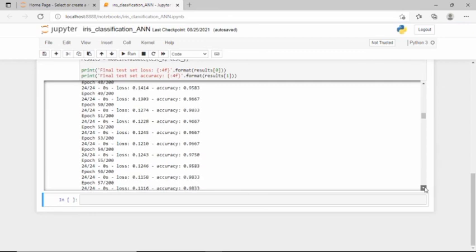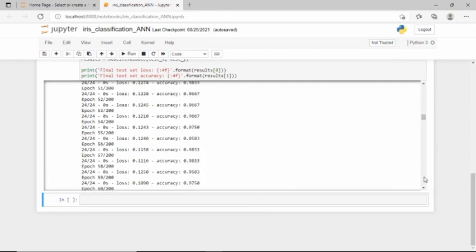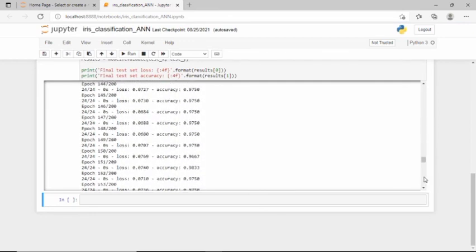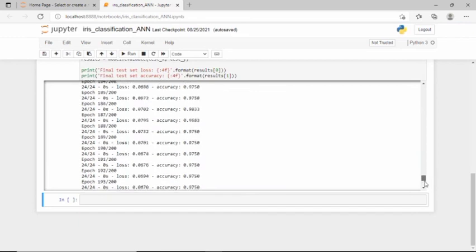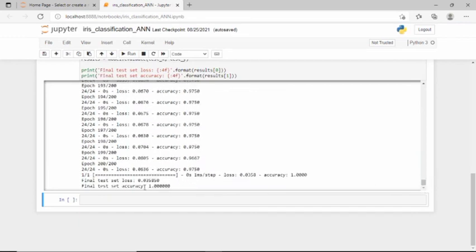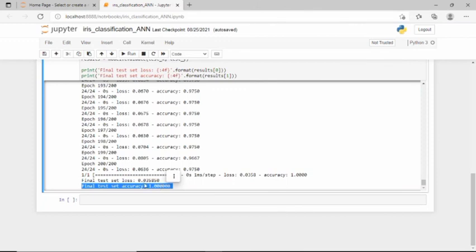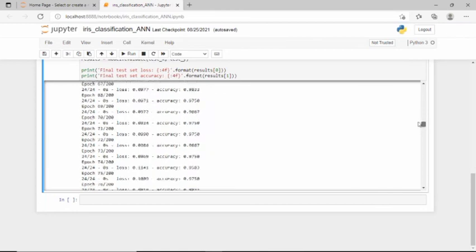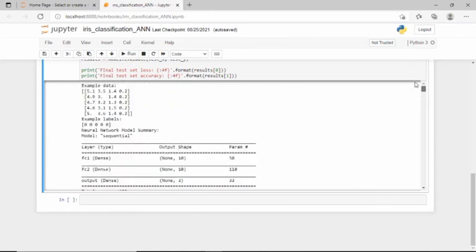This is the outcome, and at the end of the iteration you will get the accuracy score. There is the test set accuracy, and there is also a loss factor. Understanding this output is also difficult, so we have to decode this output as well. This is the kind of outcome you can expect when using a neural network for any kind of classification.